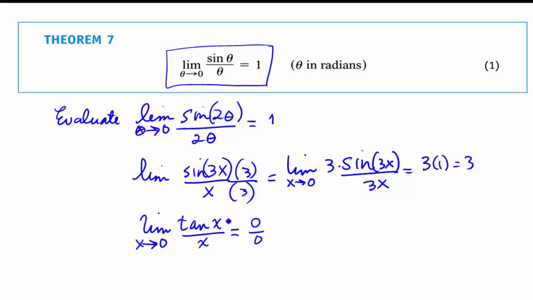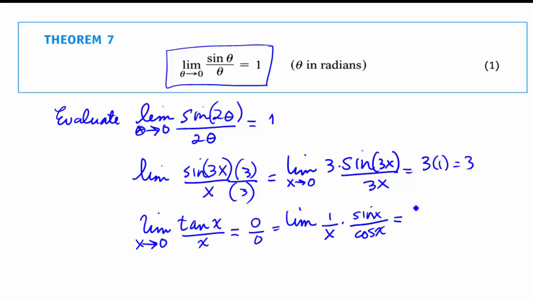If we can rewrite this in terms of sine x over x, then it will solve our problem. Let's rewrite this as 1 over x times, now rewrite tangent as sine of x over cosine of x, and then just rearrange terms.